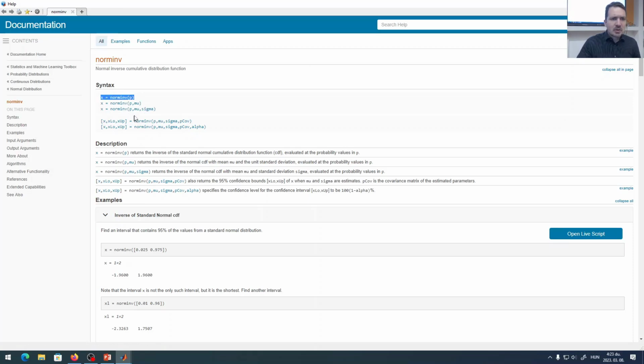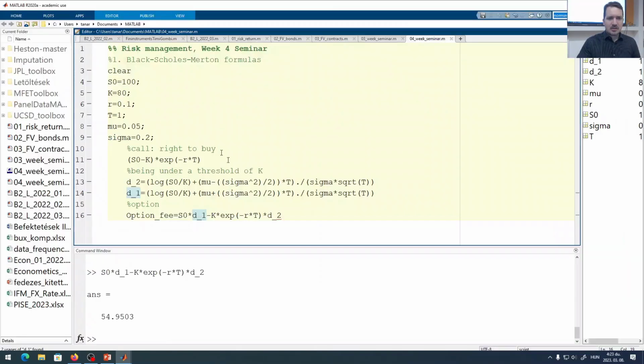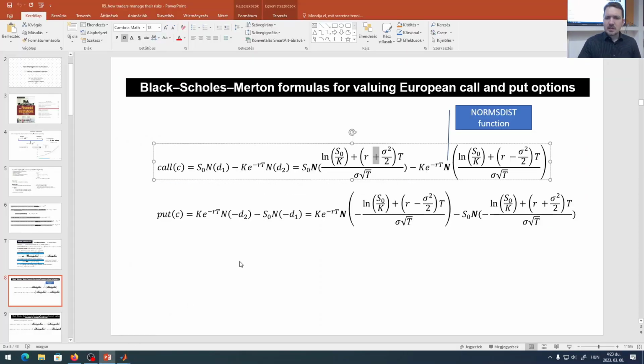Practically, if we are not calibrating mu and sigma, it could be misleading, because right now mu and sigma is not the same mu and sigma that we are using. So let's just use the old school norminv. Norminv 1, this must be inverted.